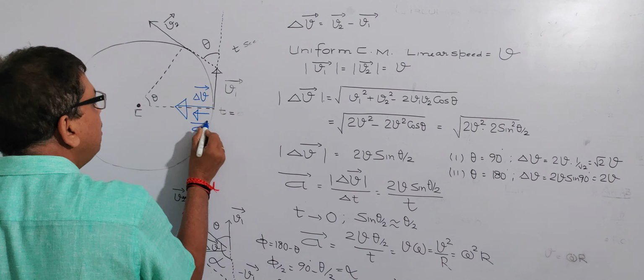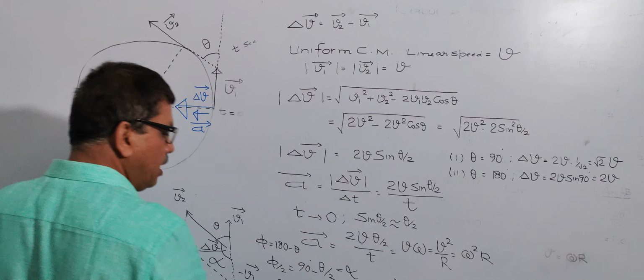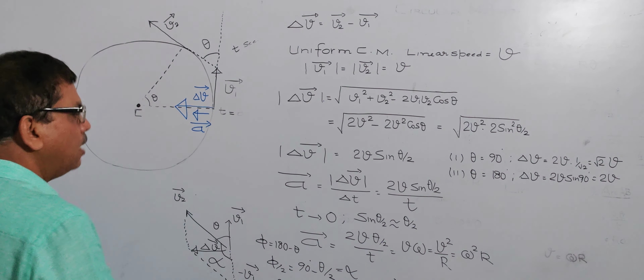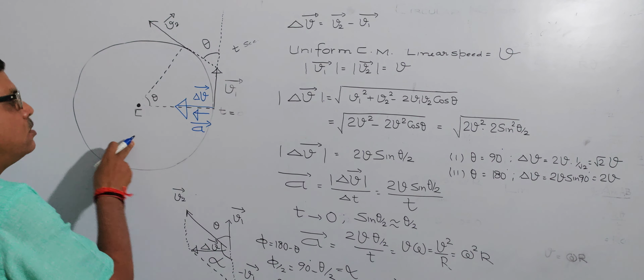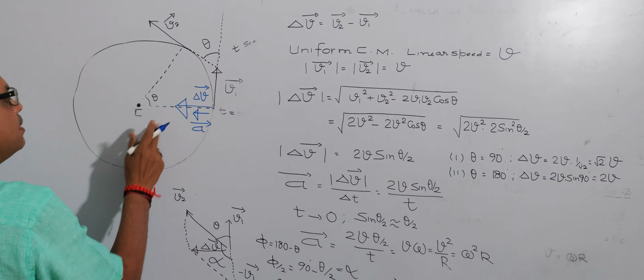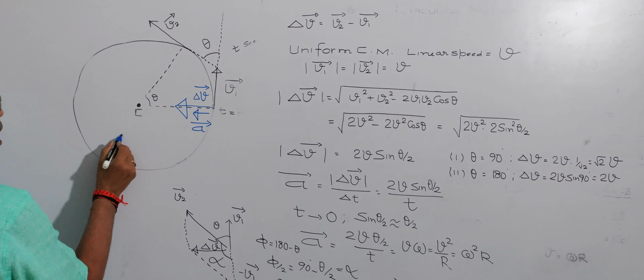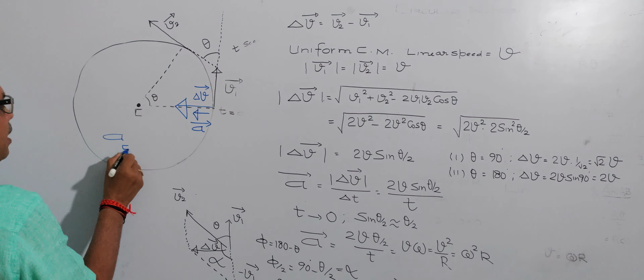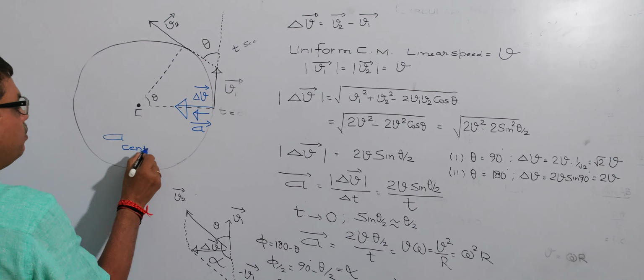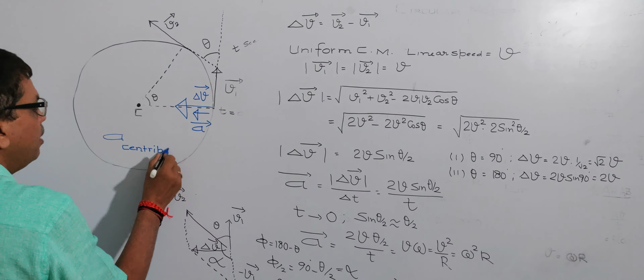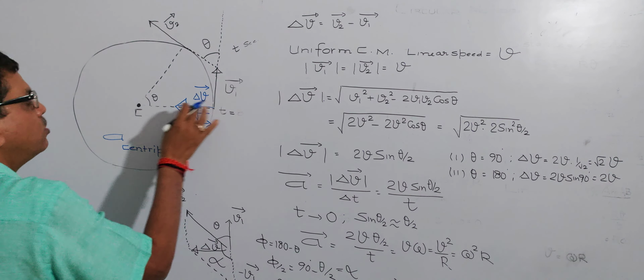Since theta is very small, the direction of the acceleration vector is towards the center, and this is nothing but centripetal acceleration, because it is always pointing towards the center.